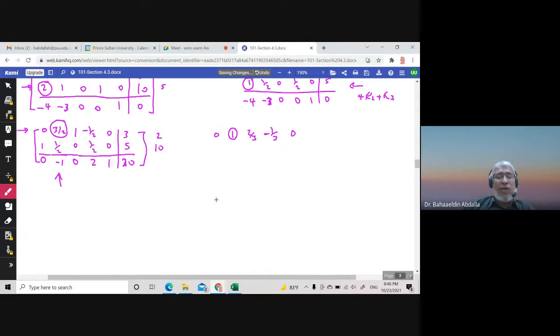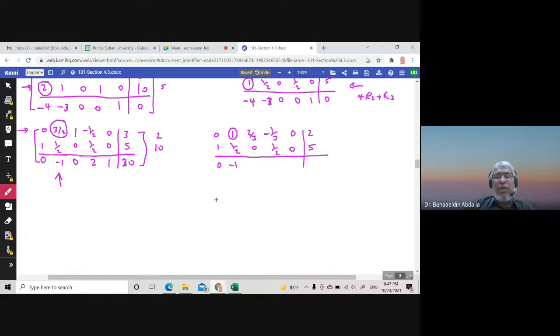Then 3 times 2 over 3 is 2. And the second row as it is. And the third row as it is.